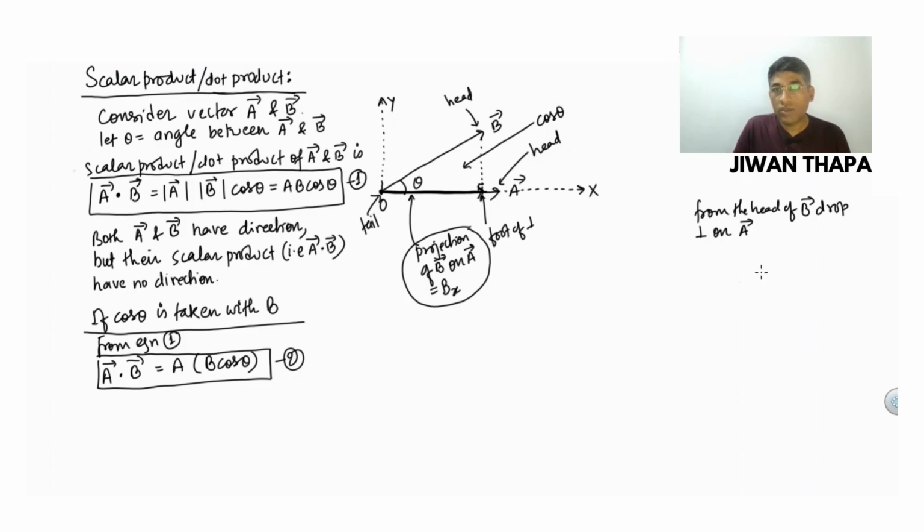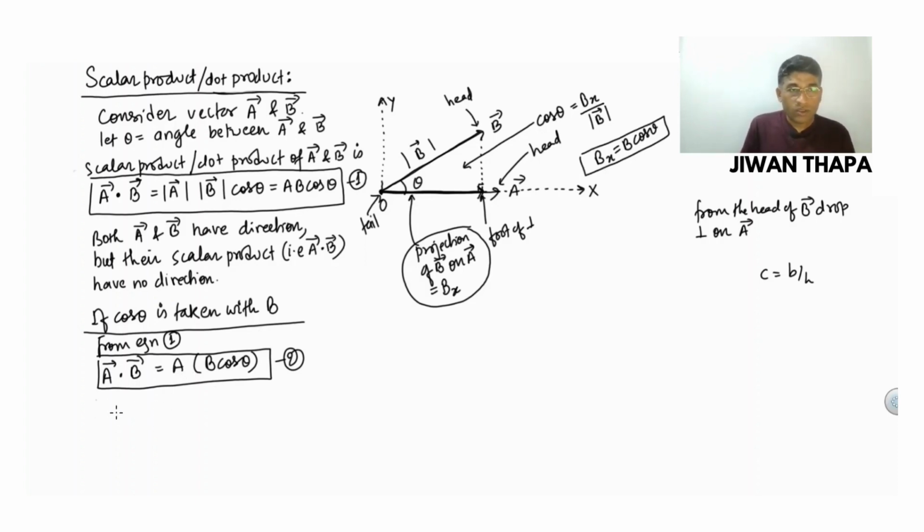So cos theta, we know, equals base by hypotenuse, and the base is the projection of vector B on vector A, which is the x component of vector B. So cos theta equals Bx, and the hypotenuse is this distance, so I'm writing the magnitude of vector B. So cos theta equals Bx by magnitude of vector B. Therefore we can write Bx equals B times cos theta. Clear?